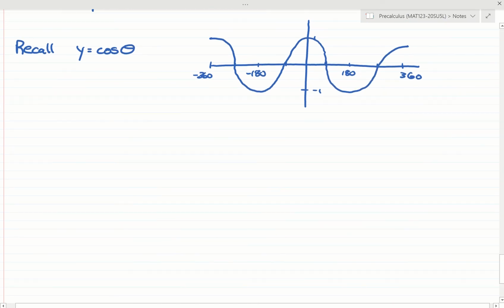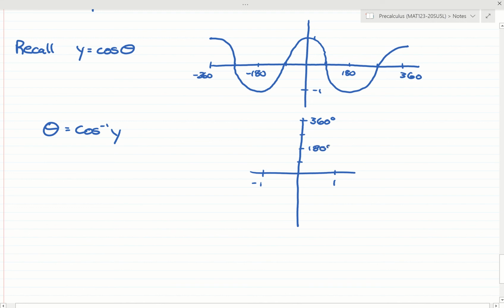That's what the graph of cosine looked like. So if we were going to graph its inverse, where theta is equal to the inverse cosine of y, we're going to switch the x and y values, and I'll let the range go between -360 and +360. So it's going to start at 1, and it's going to go like this.